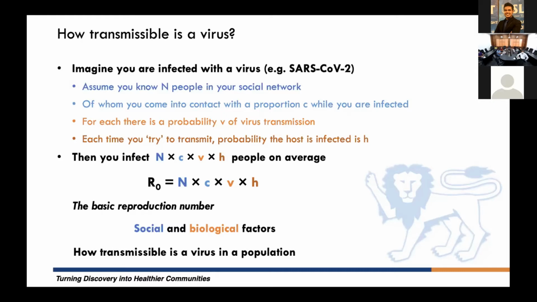In the beginning of an epidemic, we don't have antivirals or vaccines, so we don't have biological means to prevent transmission. Instead, we would use social ways to prevent transmission. For example, I see many of the people in the DataSEARCH room are wearing masks. That's one of the ways we can prevent transmission socially, by looking at the C factor, for example.